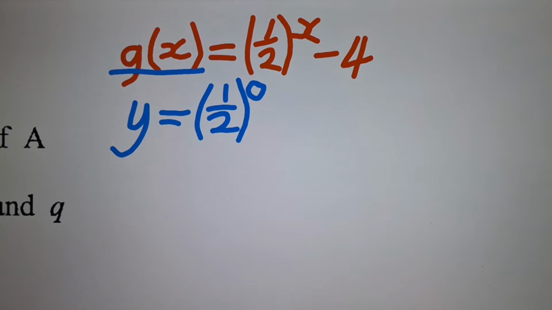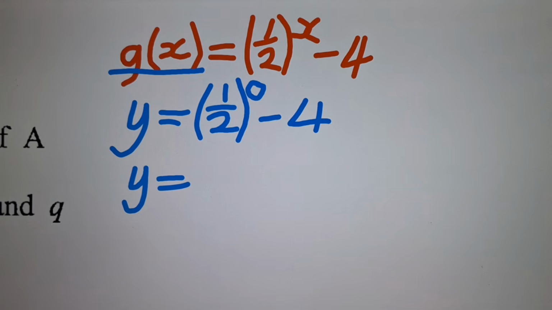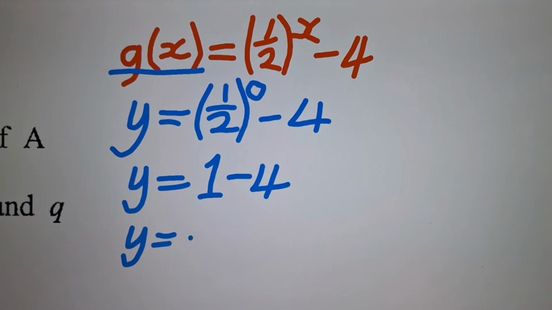In the place of x, I'm going to write 0, then minus 4. Then y equals half to the exponent of 0. Any number raised to the exponent 0 equals 1. So half to the exponent of 0 is 1. Then we have 1 minus 4, which gives us negative 3.